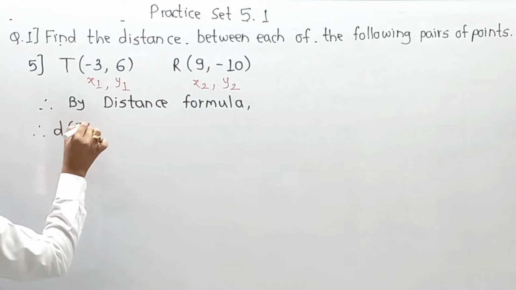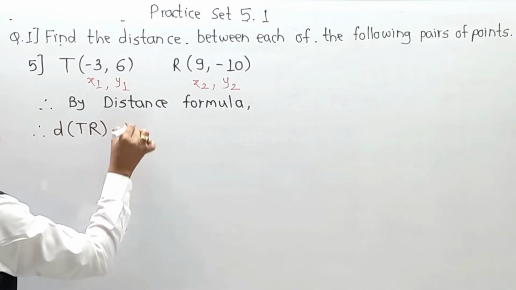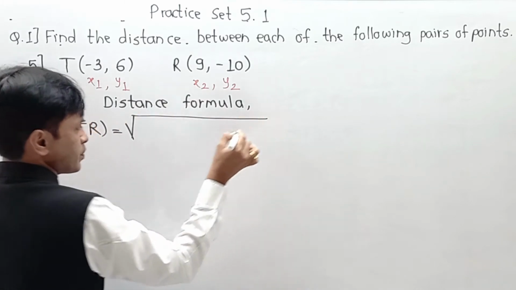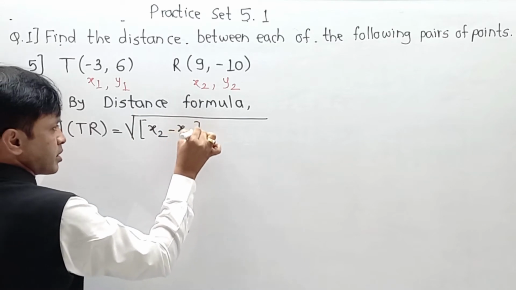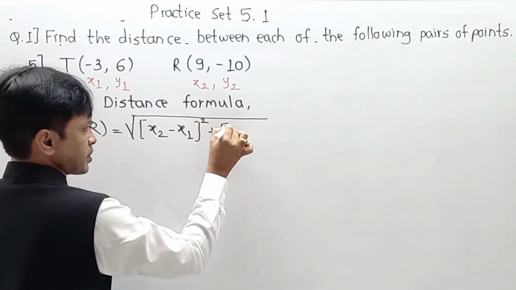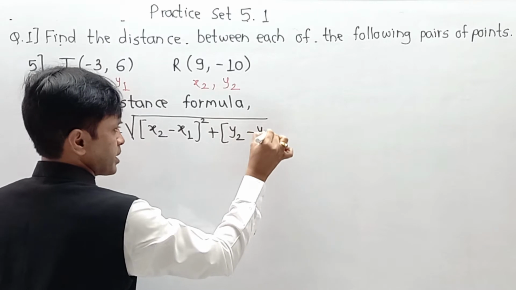Distance TR is equal to under root of (x2 minus x1) bracket square plus (y2 minus y1) bracket square.